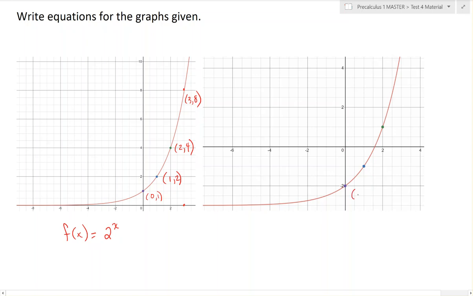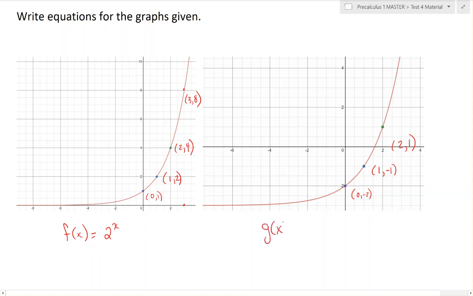This is a very similar function. Identifying the points, I have 0, -2. I have the point 1, -1. I have the point 2, 1. And if you look at these, the x values are the same as what I had in the graph at left, but the y values are 3 less every time.